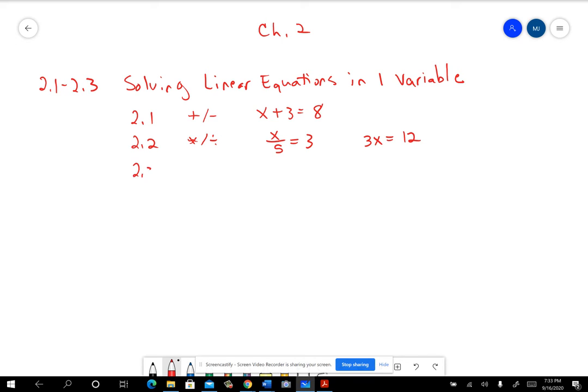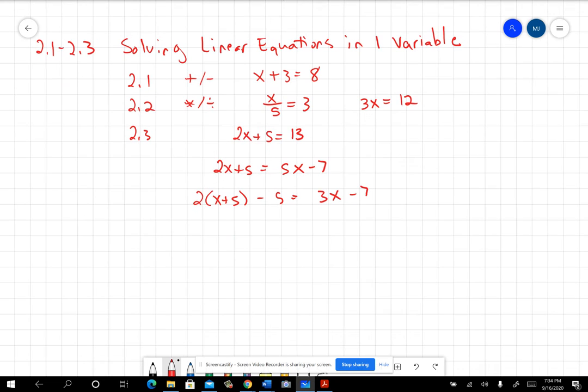Then 2.3, I split that one up a little bit. The basic types are really important to be able to solve. But then we get into, what if I have variables on both sides? What if I throw some distributing at you and you have parentheses?